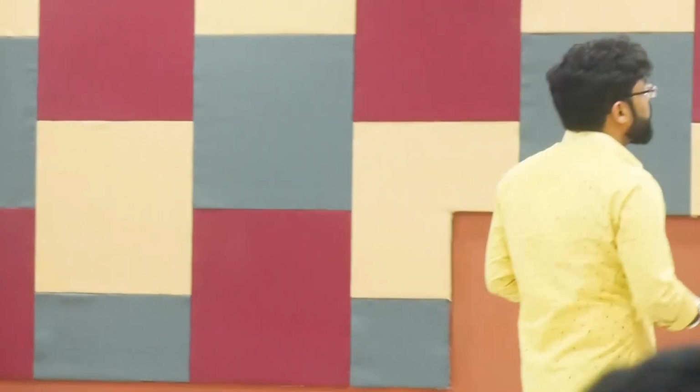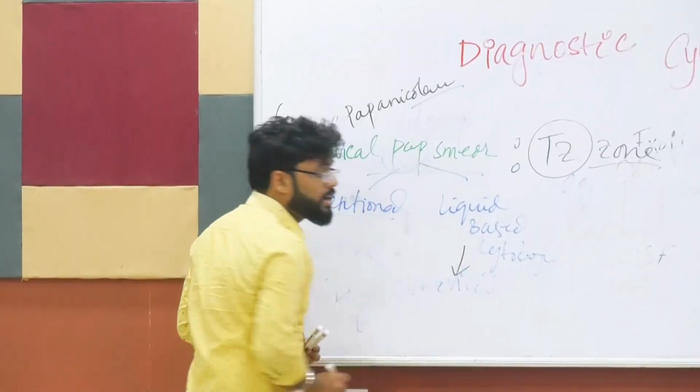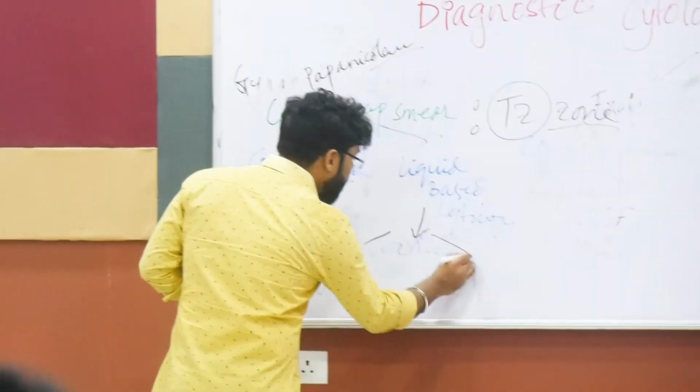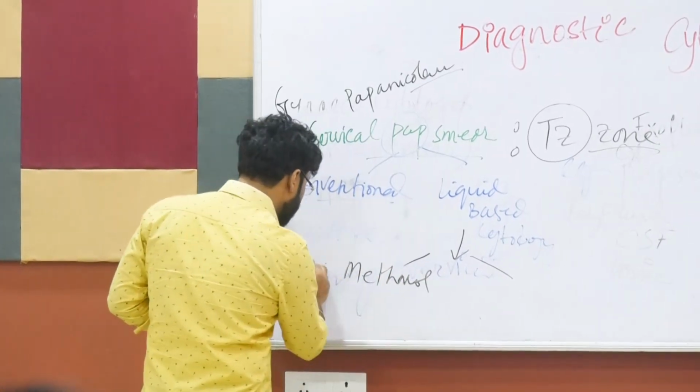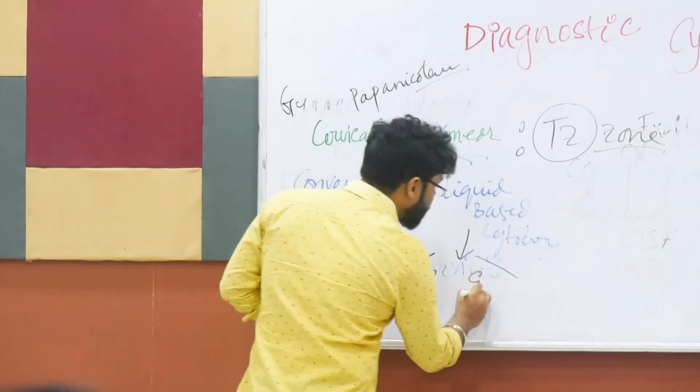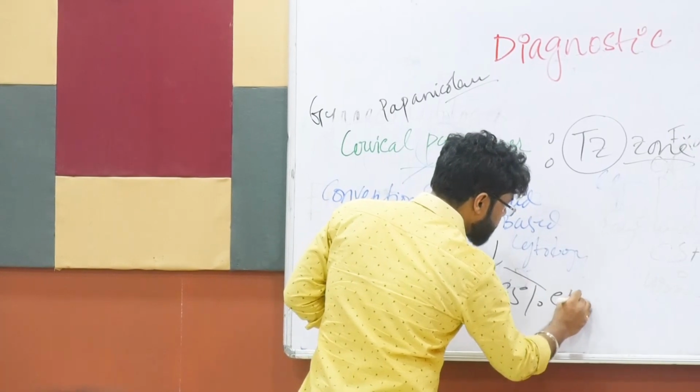That could be an ethanol based preservative or a methanol based preservative. So here the sample is directly collected within a preservative, either 100% methanol base or 95% ethanol base.